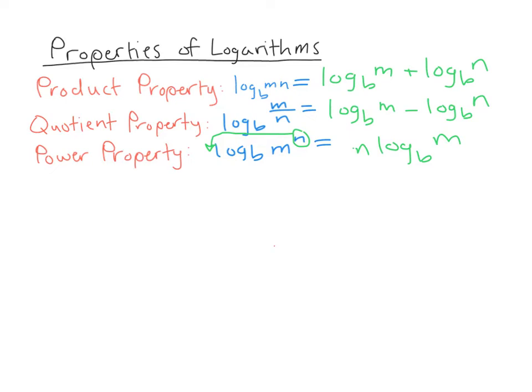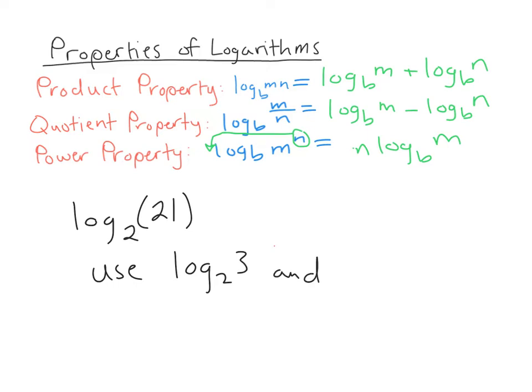So let's go ahead and do a property for the product one, okay? So say I were to do log base 2, and I have 21, okay? And to evaluate this log, we're going to use log base 2 of 3 and log base 2 of 7, okay?